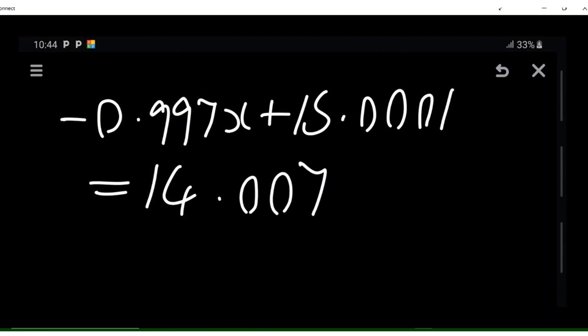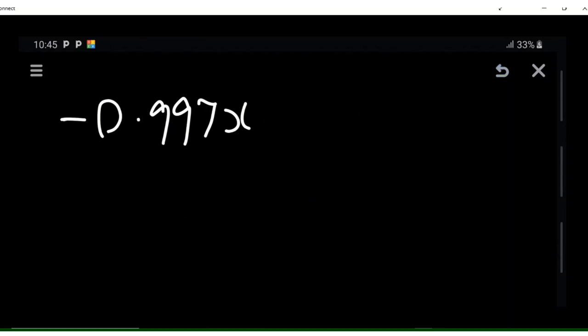Right, from here, this 15.0001 is on the same side as x, and this is 14.007, so we subtract again. So we say equals 14.007 minus 15.0001.